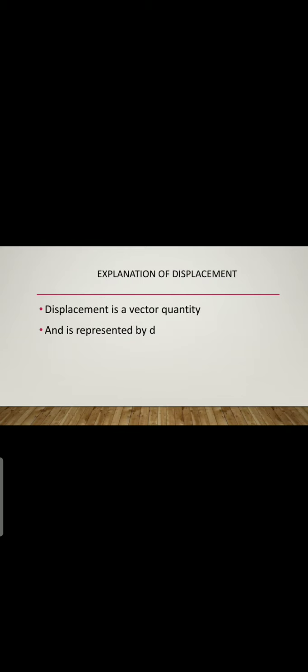Let's come towards the further explanation. Displacement is a vector quantity and is represented by d. Why is it a vector quantity? Again, I have explained that it has magnitude and direction as well.